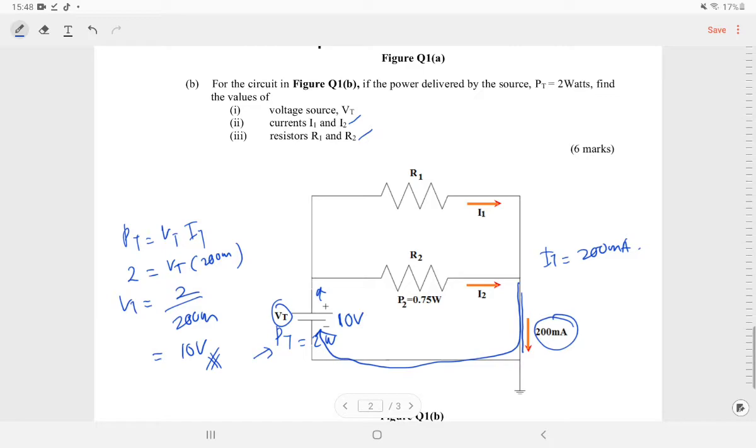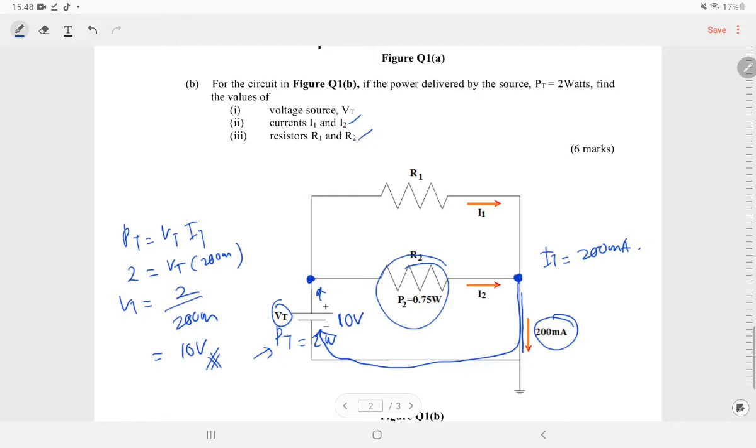So from here, at R2 you are given P2 equal to 0.75 watt. Okay, so if you look carefully, this circuit is actually a parallel circuit, which they are connected together end to end, right?